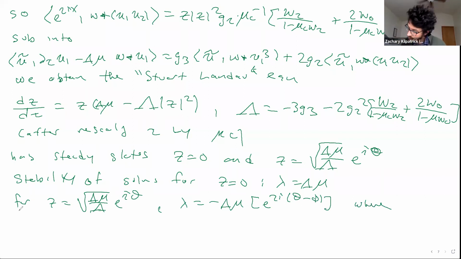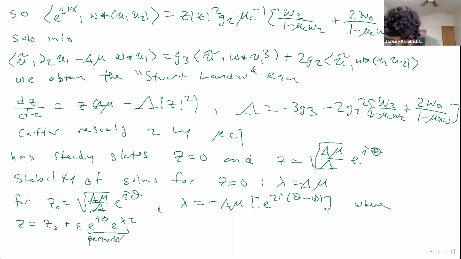Where z equals sort of this z0 plus epsilon z1, e to the I phi, e to the lambda tau, okay? This is your perturbation, okay? So depending on how you perturb this solution, you're going to get a different eigenvalue, right? So you have a continuum of eigenvalues, okay?